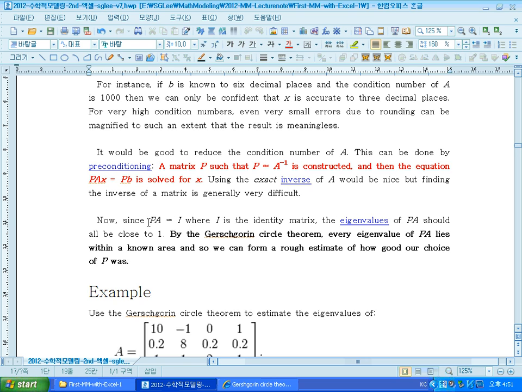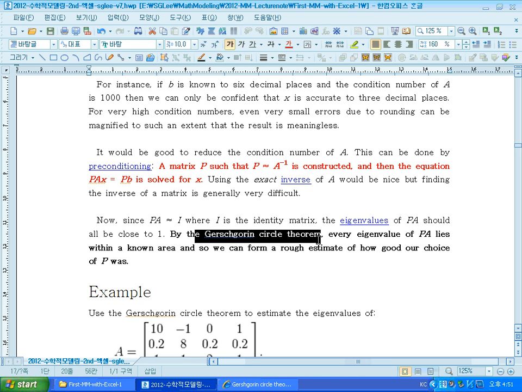Okay, so PA is an approximation of the identity matrix I. Then think about the eigenvalues of PA. If PA is very close to the identity matrix, then the eigenvalues of PA should be very close to 1, because the eigenvalues of the identity matrix are all 1s.